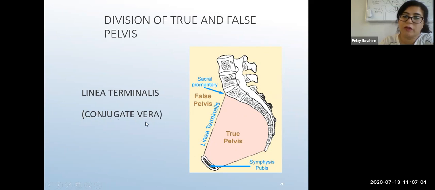They take this measurement during birth or at the time of delivery to assess the birth canal. So this is the conjugate vera. But again, the important names you have to know for the imaginary line are linea terminalis or iliopectineal line.